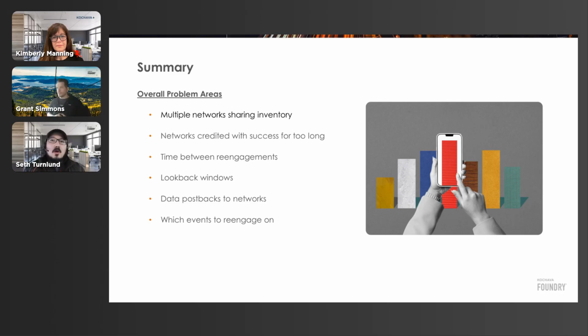Some of these are issues with configurations in your MMPs that can be dealt with there. Some of these are conversations you should have with your networks, and we'll discuss which is which. But one issue we see is networks that are all hitting the exact same inventory.